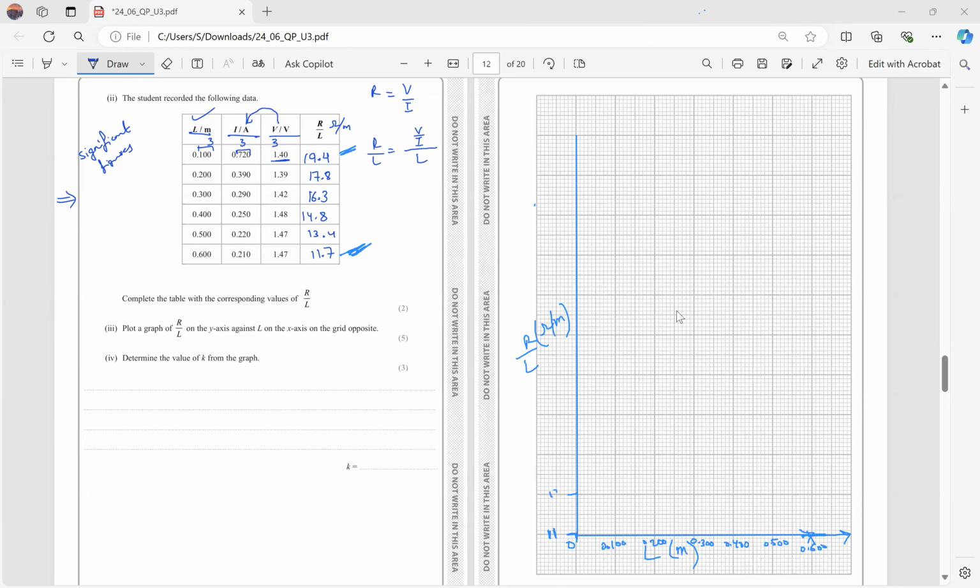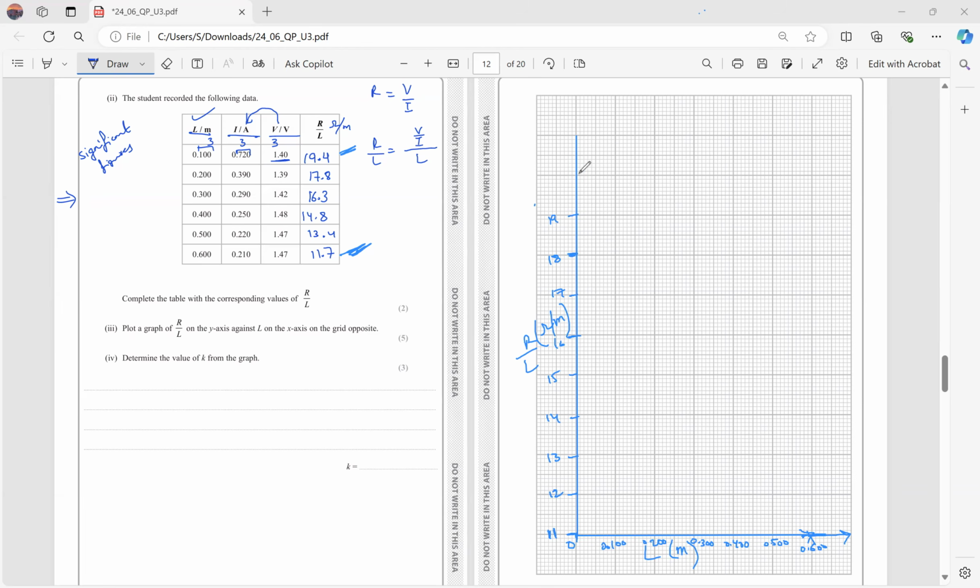We could have chosen 12, 14, 16, 18, 20, but we've got 6 values and that would just take 5 boxes. So we can just go all the way up till 20. So 13, 14, 15, 16, 17, 18, 19, and 20.